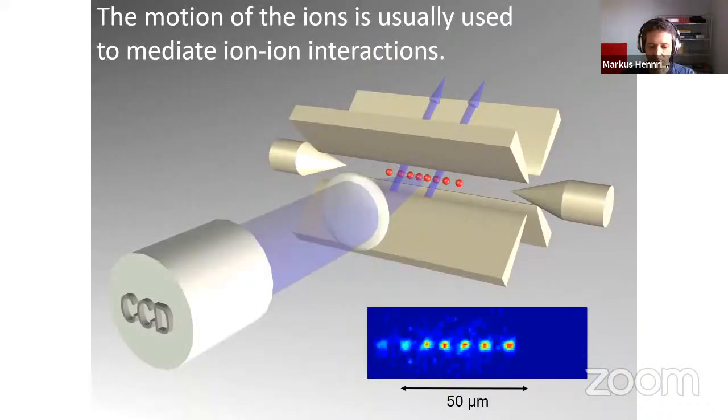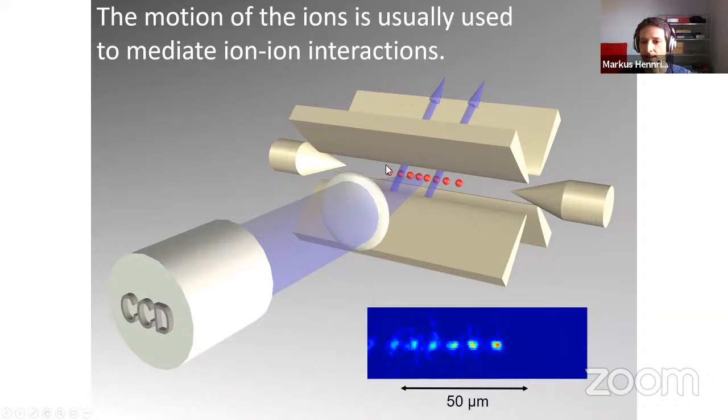With trapped ions, if you want to do entanglement operations, two-qubit operations, most of the groups use the motion of the ions to mediate ion-ion interactions. What is done there is that one of the lasers, for instance, kicks the ions and brings the ion string into motion depending on the initial quantum state.